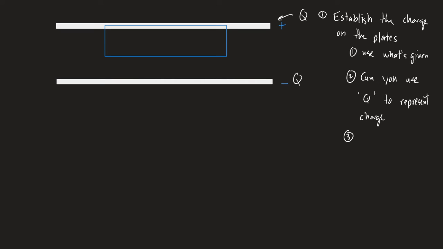And if all else fails, can you use charge density? But the whole point is to find some expression that you can use for charge. And that's going to be step one. Establish the charge that's on the plate. Step two is to determine the electric field due to that charge.